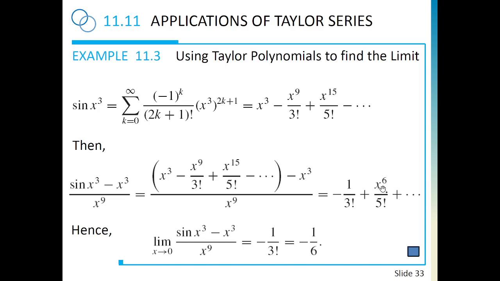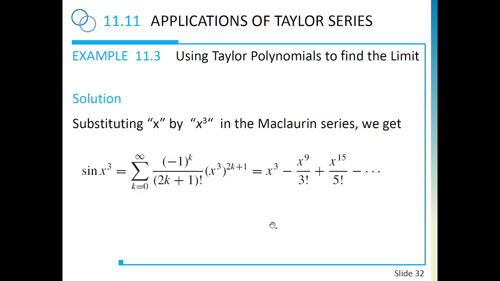All of these terms have x in them, so they will be 0. The only term that will survive is negative 1 over 3 factorial. So the limit will be a fixed number, negative 1 over 6. And again, this is just an application where everything works smoothly because the expression is set up that way.